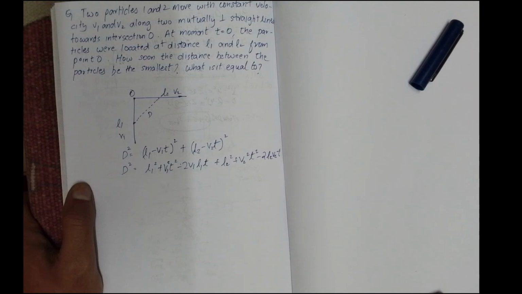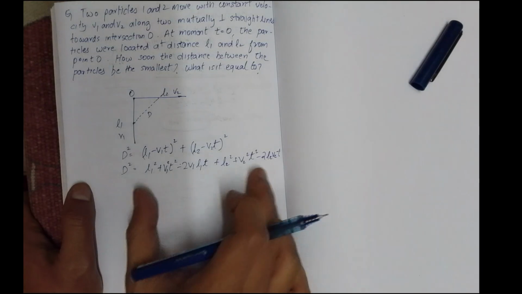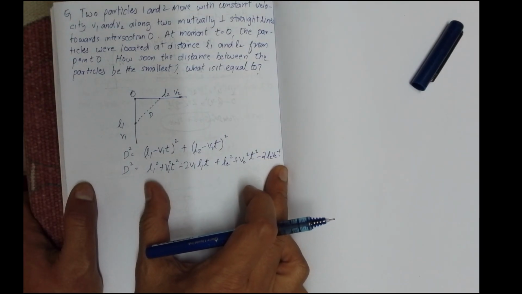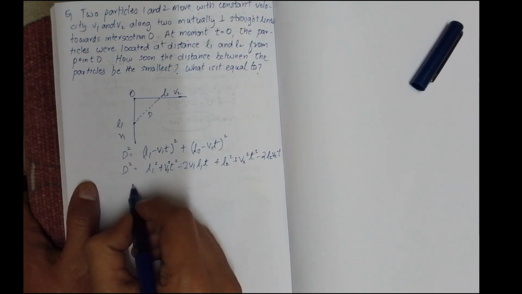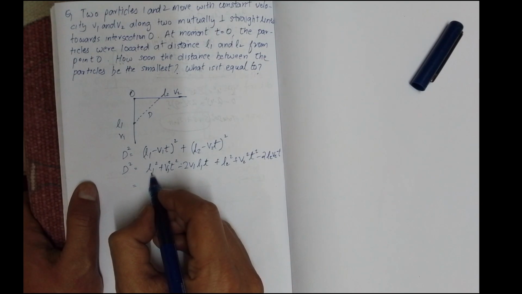Now, how soon will the distance between the particles be the smallest? You just have to differentiate this with respect to time and equate that to 0. So if you do that, what do you get? All the constants will get evaluated to 0.